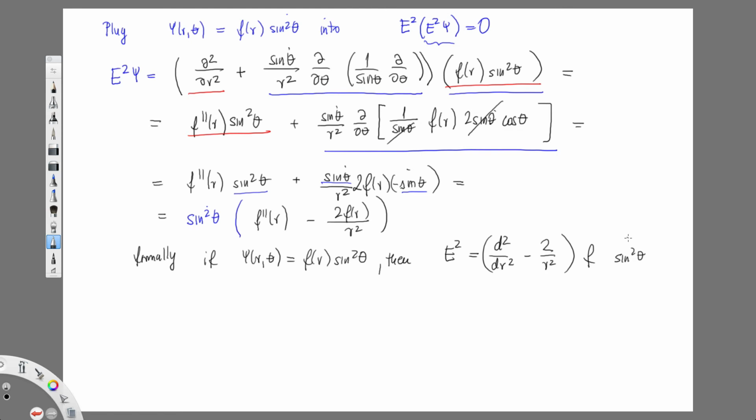Does this make sense? So it appears that I'm operating only on f. And formally I can write it this way.